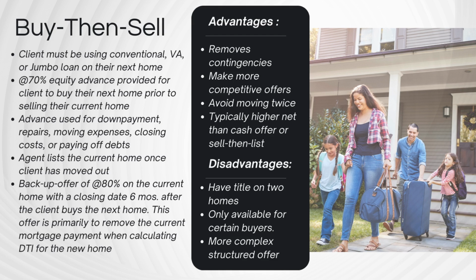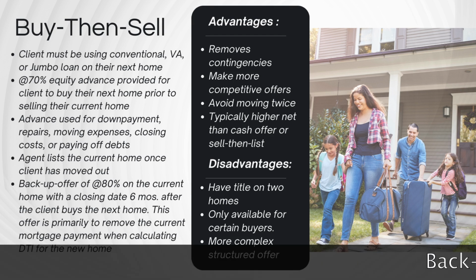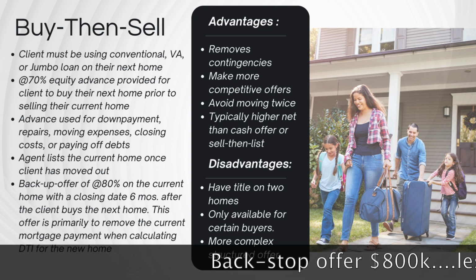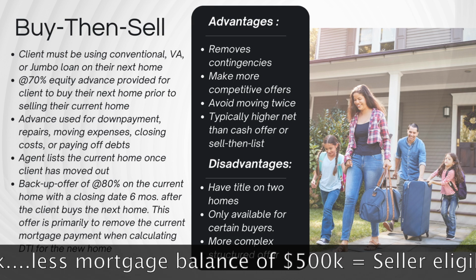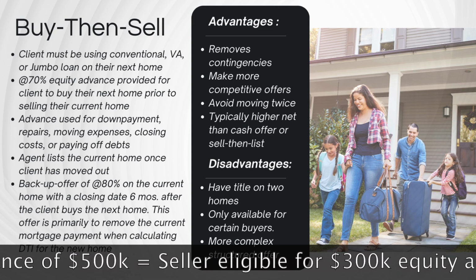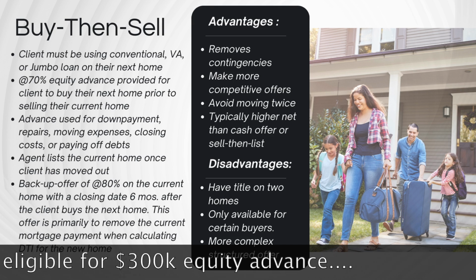Now, that's only step one, because I own a $1 million house. I've got a mortgage payment on it. I got an $800,000 cash offer that I don't want to take, but I owe $500,000 on the house. The second thing these companies do is they actually look at their offer of 800, they look at your mortgage balance of 500, and they go, okay, cool, you're eligible for up to $300,000 in an equity advance.